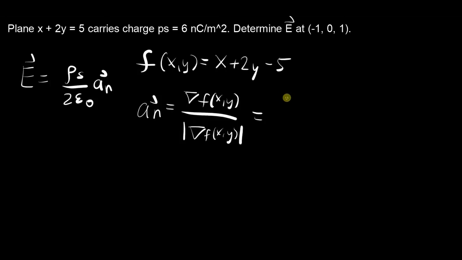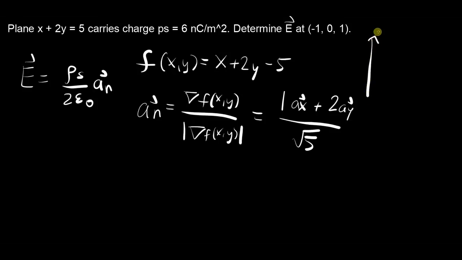Once you work it out, that turns out to be 1 ax plus 2 ay over root 5. So if you were to draw the graph out just on the xy plane, if this is your y and this is your x, I'm going to use another color here.